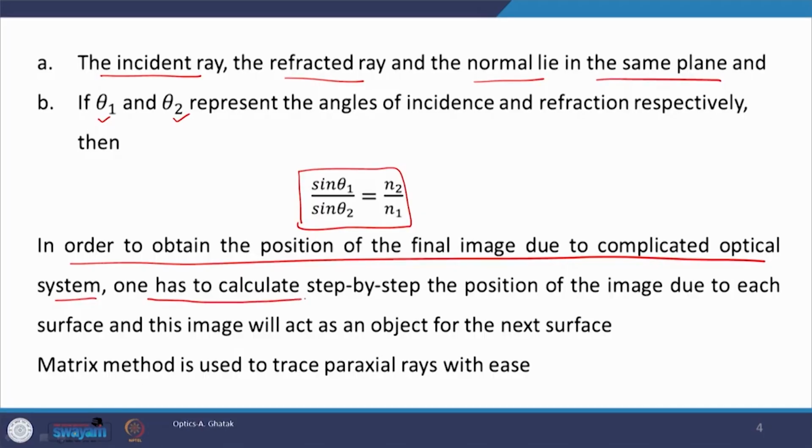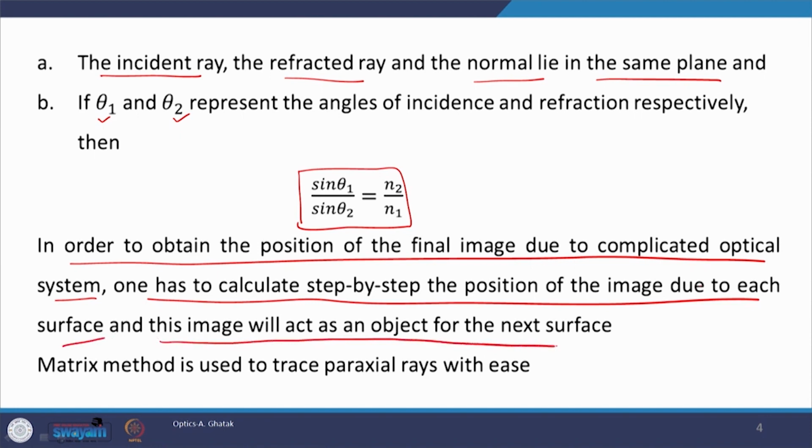At each interface we have to calculate what is theta 1, what is theta 2, what is N1, what is N2, and they may keep changing. It is a time consuming process, and one has to calculate step by step the position of the image due to each surface, and then this image will act as an object for the next surface.